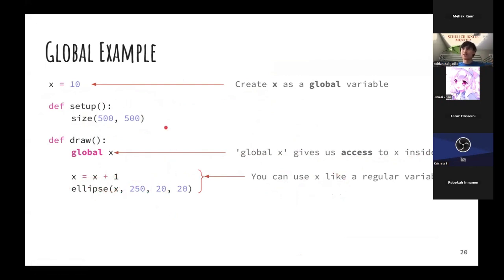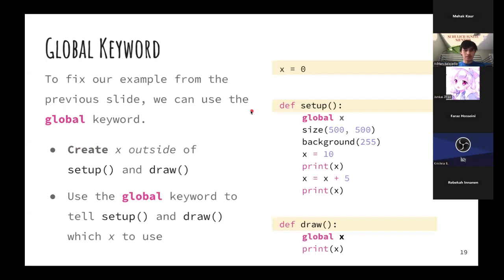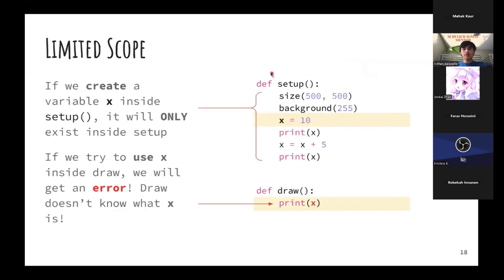Another thing to note, a bit more about terminology. If I go back to these slides here, remember this code that would give out an error. If x is defined inside setup, or if a variable is defined inside of a function, it's called a local variable, because it's local to setup in this case.